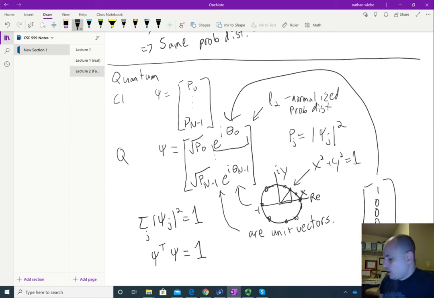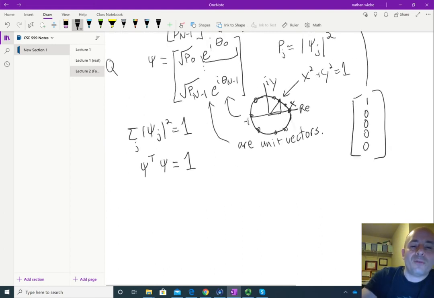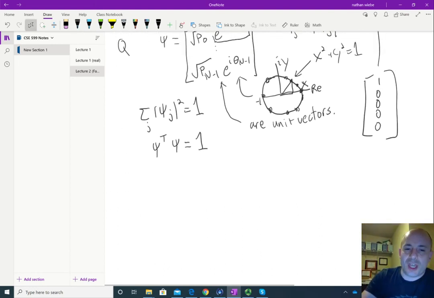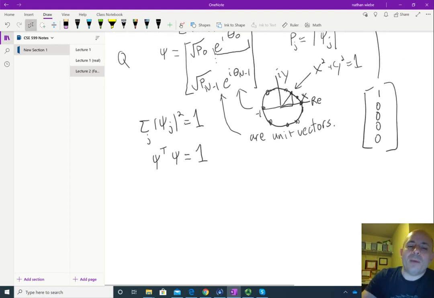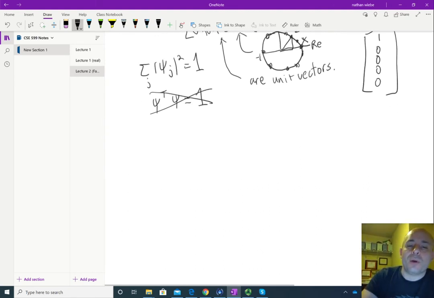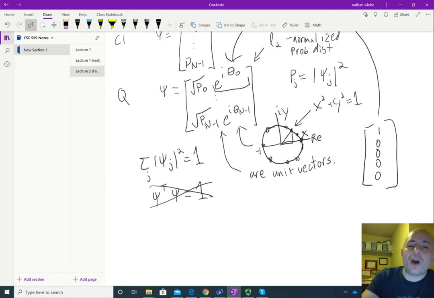So that is how we end up going about formulating it. Now, there's a few other things that need to change. I actually said psi transpose psi is equal to 1. That was a little bit wrong, because in quantum theory we've got to worry about the fact that there are complex elements.